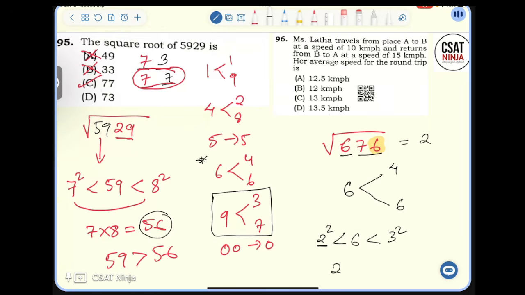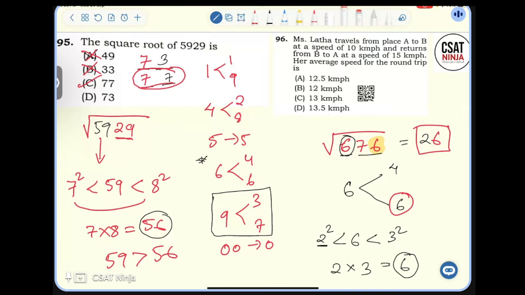Let's multiply 2 into 3, which gives 6. In this kind of case, if this value and this value are the same, always go for the greater number. The greater number here is 6. So the square root of 676 is 26. That's how we approach it.